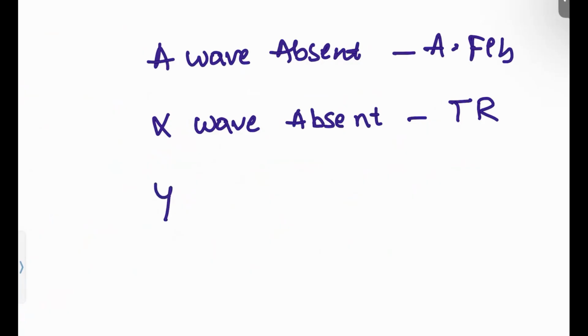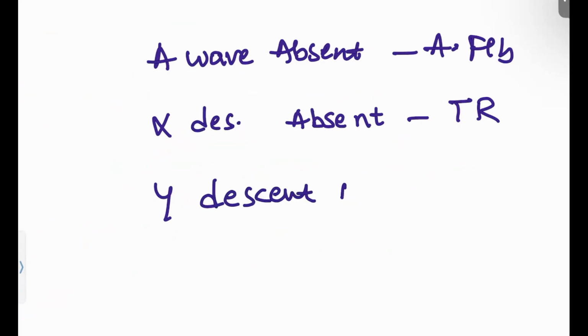And if the Y descent is absent, this is seen in cardiac tamponade. Okay, don't confuse. X descent absent is your tricuspid regurgitation. Y descent absent is your cardiac tamponade.